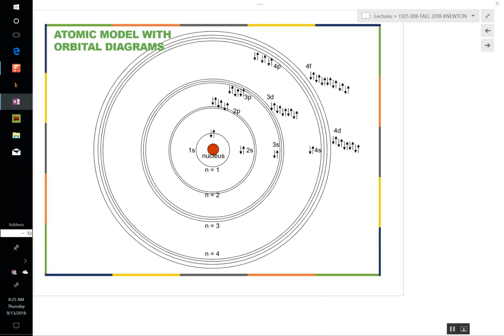Okay? All right, now here's what I want to do. I want to take a minute and make sure all of you have the correct ones written down. Team number 1 did this one, team number 2 did that one, and team number 3 did that one. So let's take a look at team number 1. The number of electrons they have accommodated here should add up to the number of protons in this neutral atom. Remember, protons equals electrons.